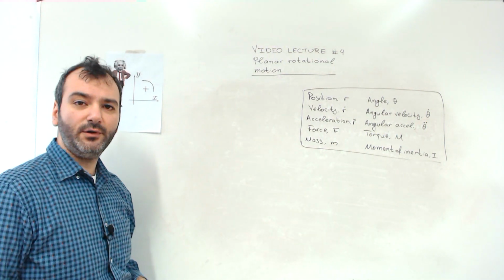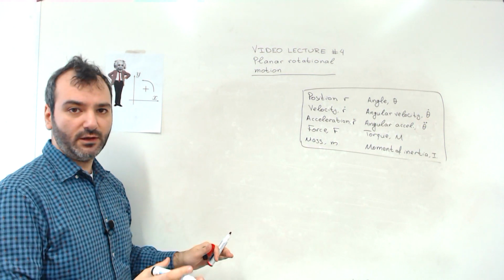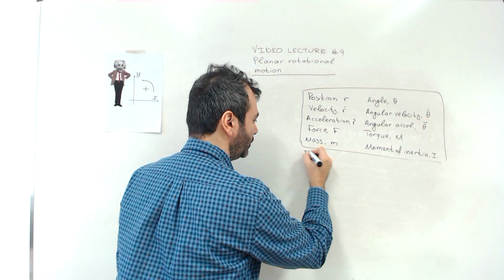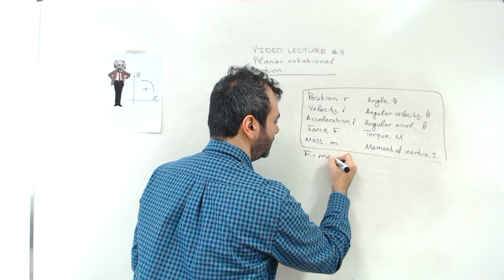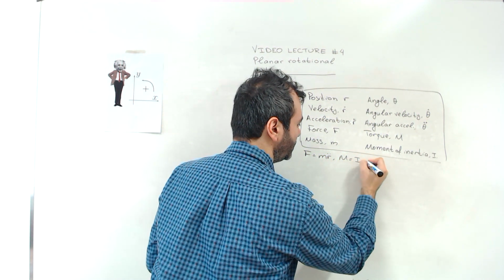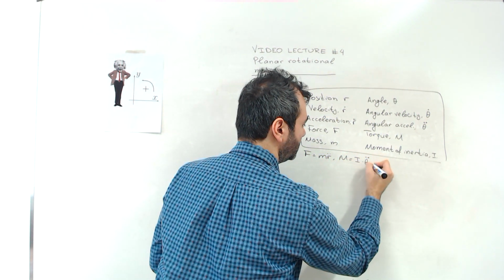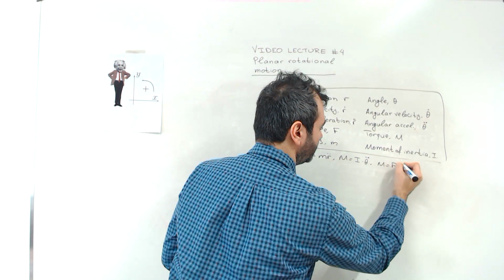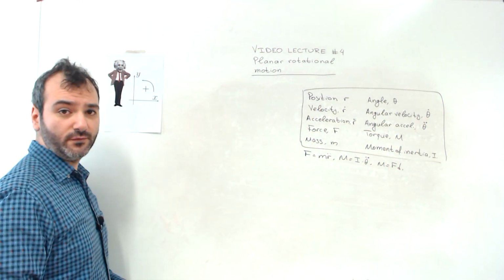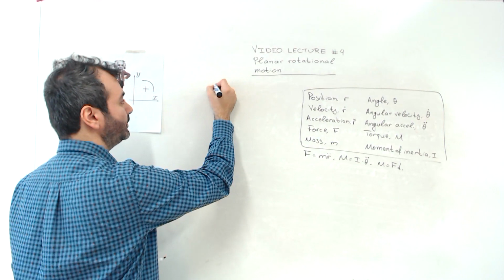Let us now give a couple of examples. We have our theory, we have Newton's second law of motion, we have this new equation, and we have the definition of a torque. Let's take this example.